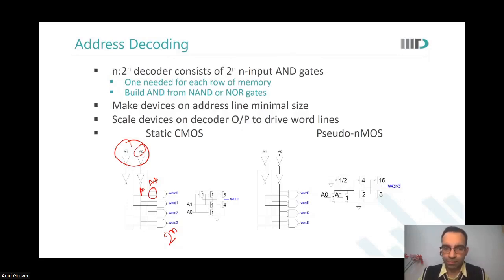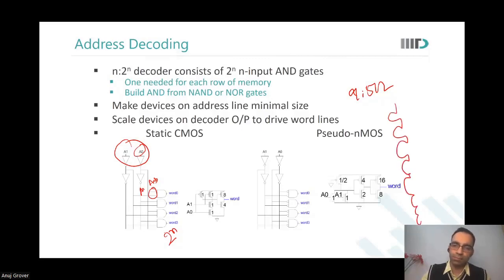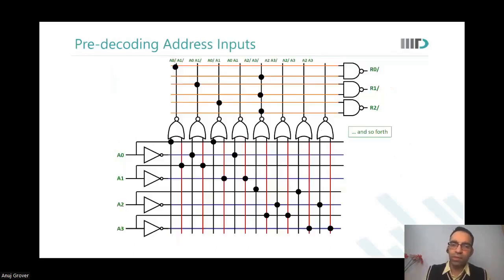Now, if this n was 9, as in a 9 to 512 decoder, we're talking about 512 NAND gates, and each NAND gate is 9 stack long. That is not something that you want, and that is why we pre-decode.